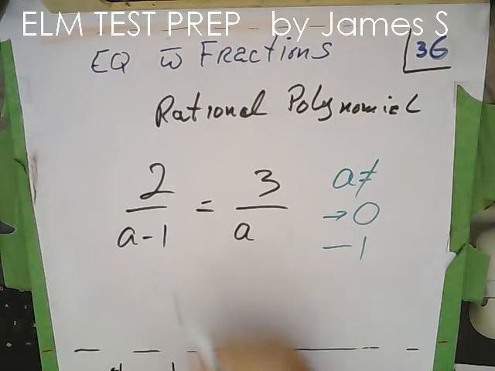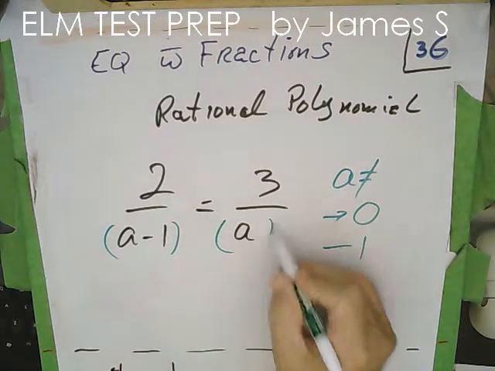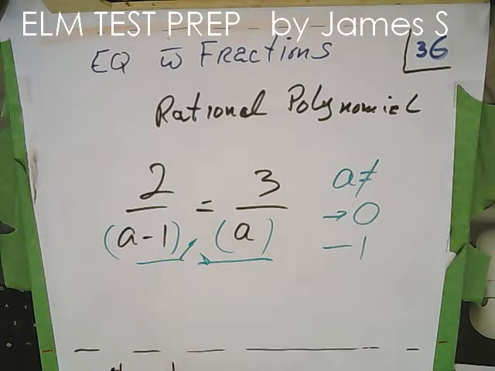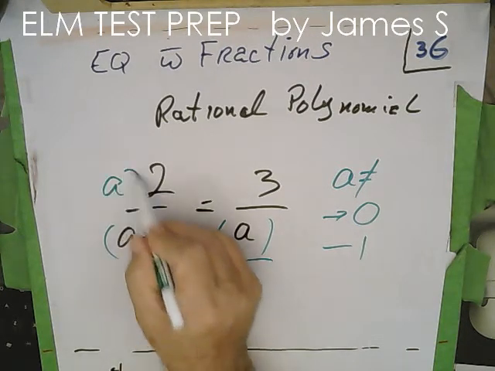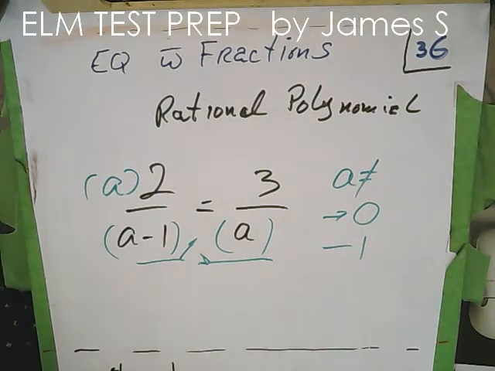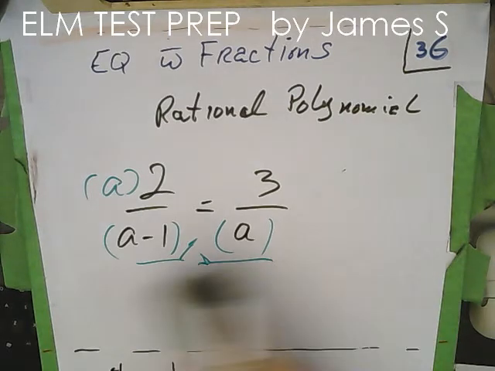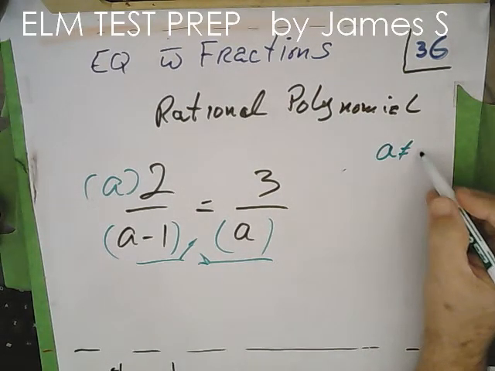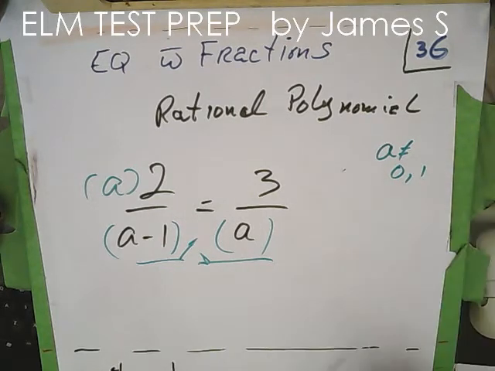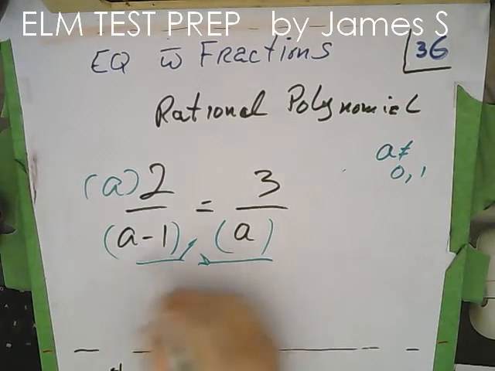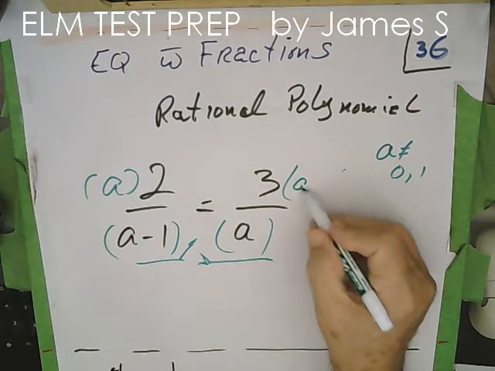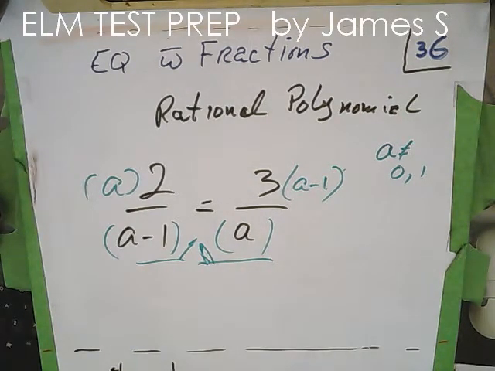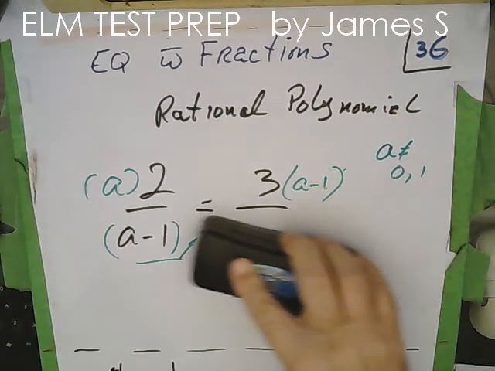So let's look at solving for a. Again, I'm going to cross multiply my terms up to the numerators. a cannot equal 0 or 1. I'm going to multiply a minus 1 times that, and the a over there, and so my denominators are now gone.